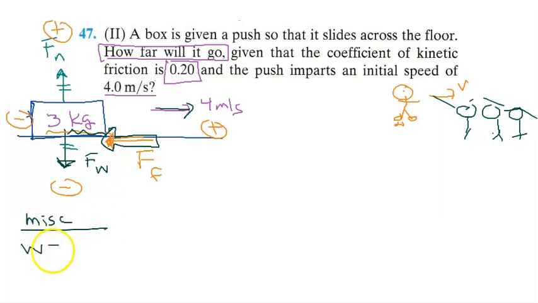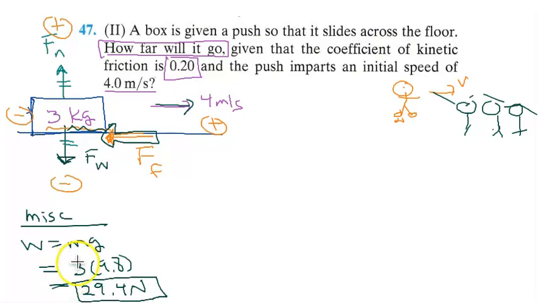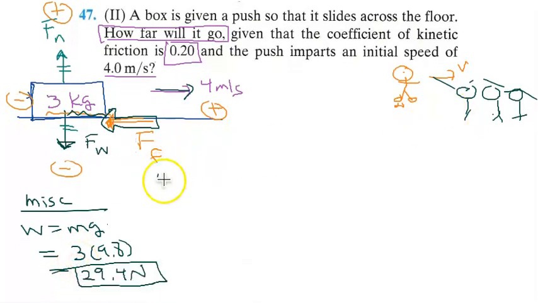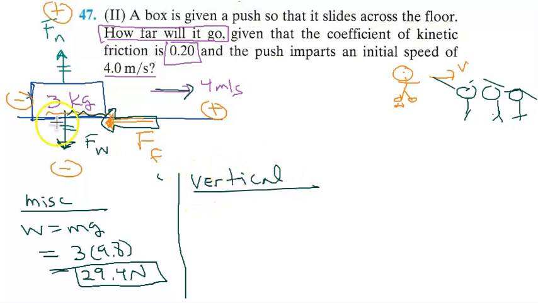In the miscellaneous, I like to calculate the weight. So 3 times 9.8 is, okay, the weight of the box is 29.4 newtons. Then you almost always want to do the vertical first because friction depends on the normal, and the normal is vertical.